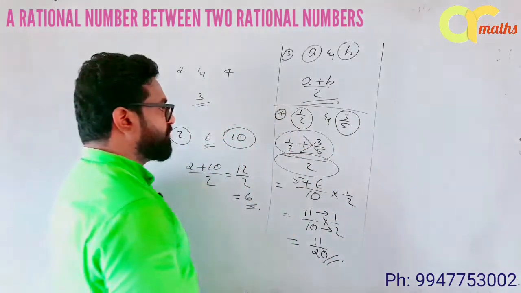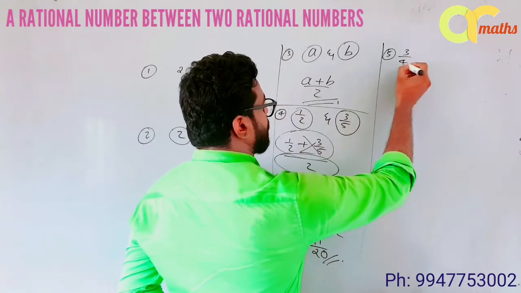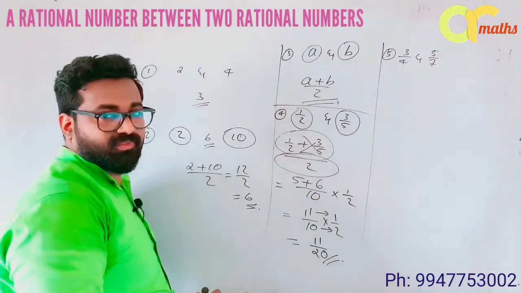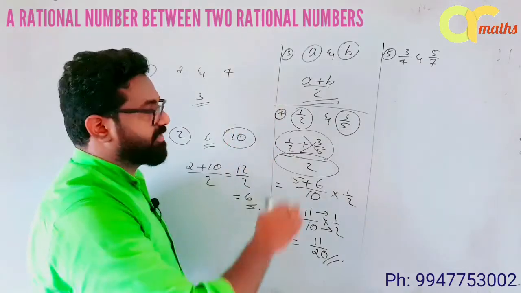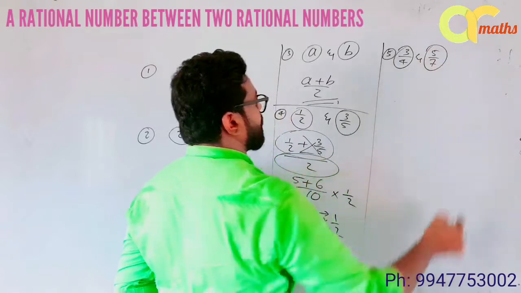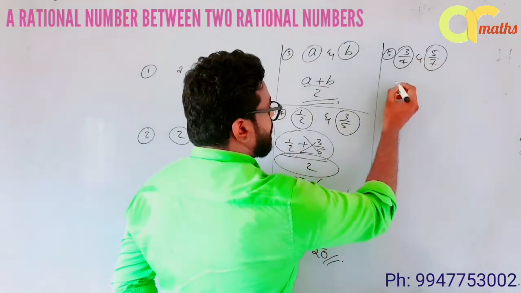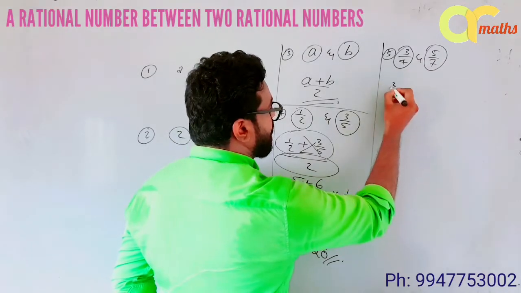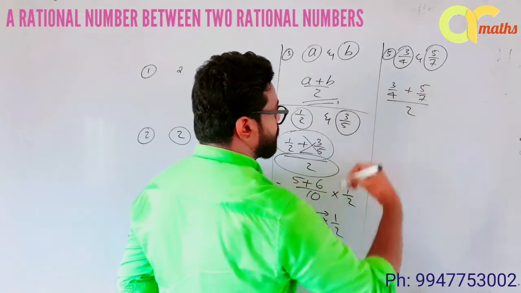Clear? Next, how to find a rational number between 3 by 4 and 5 by 7? We have to find one rational number between 3 by 4 and 5 by 7. Just find its average. What is the average of 3 by 4 and 5 by 7? Add these two numbers and take its half. 3 by 4 plus 5 by 7 divided by 2.